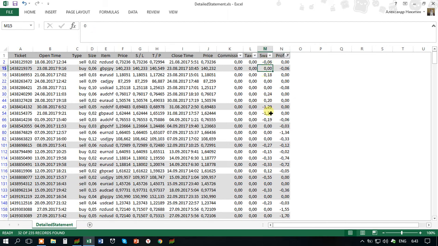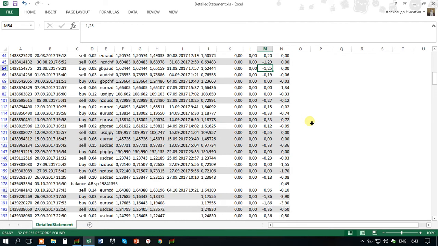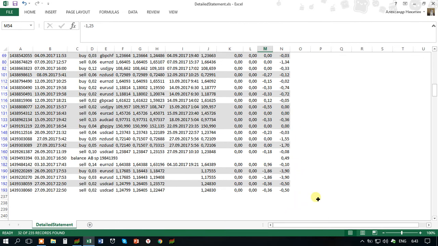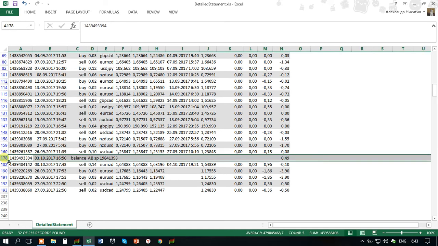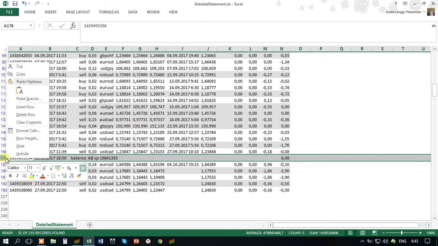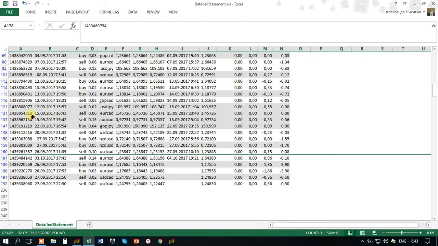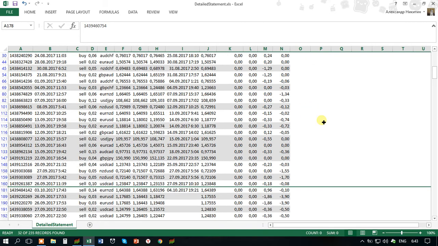You can see the swap, negative swap. Sometimes the slippage is positive, sometimes the slippage is negative. Would you agree if I delete this balance, this thing, the deposited funds from my broker, 5% cash back on spread? Okay, I only deleted that.